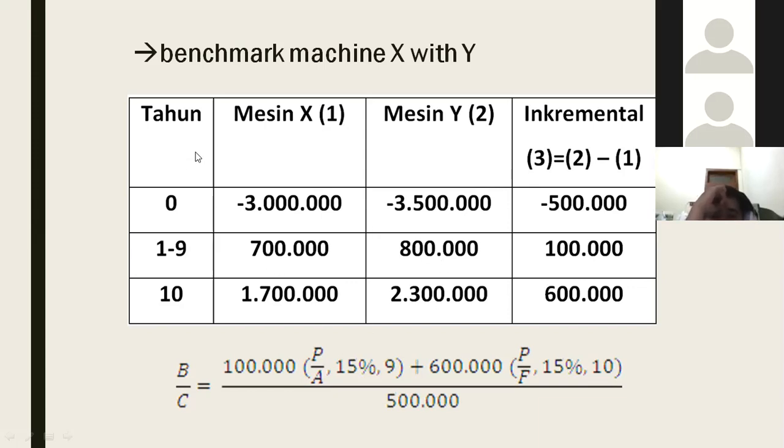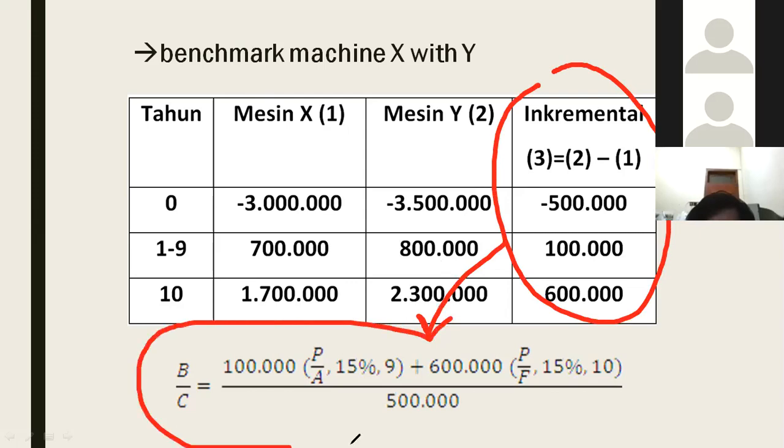And then I have at the end of useful life, it will end up with 600. And the incremental one is an input for the BCR method. So just do basic calculation, just compute the numbers. It's very easy, right?